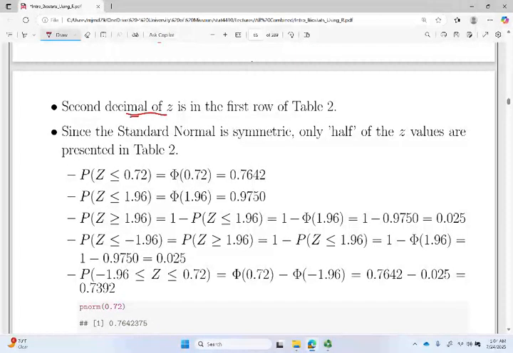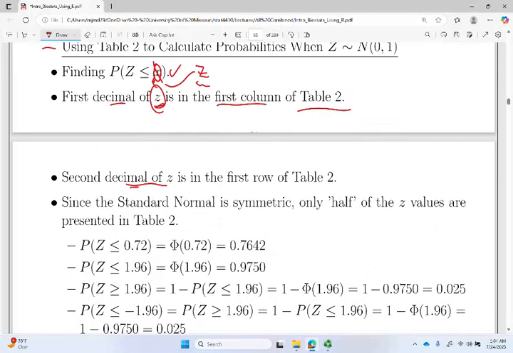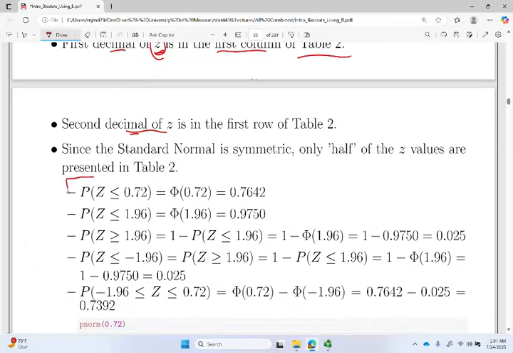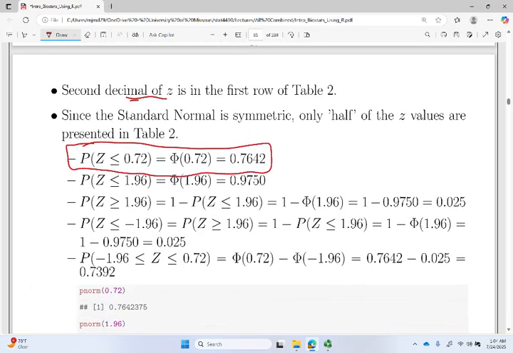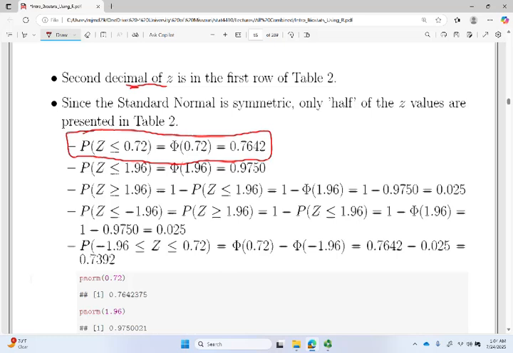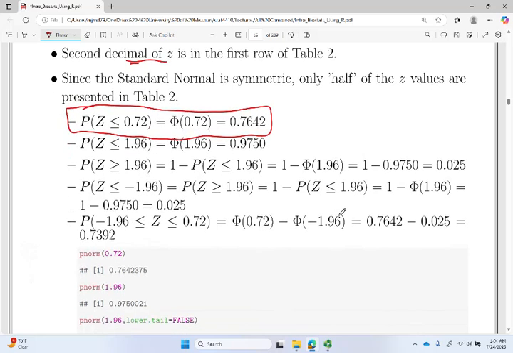And since the normal distribution is symmetric, we only need half of the tables, half of the Z values. Okay. So if we want to find the probability that Z is less than 0.72, to do it in R, you just run that and that's the answer.